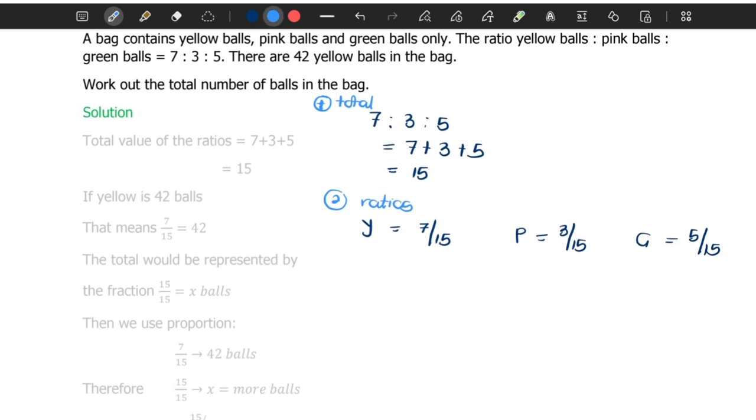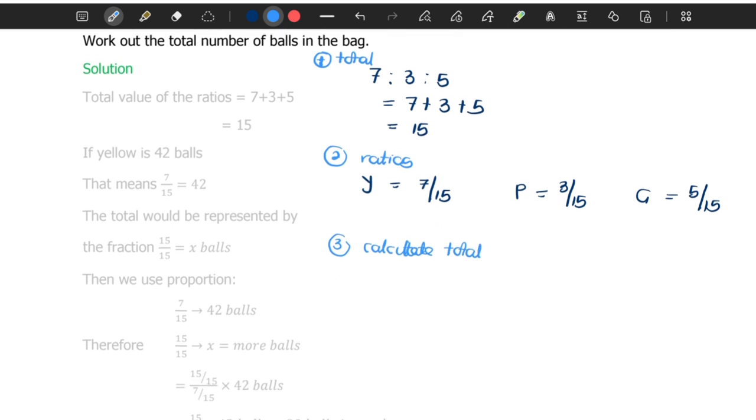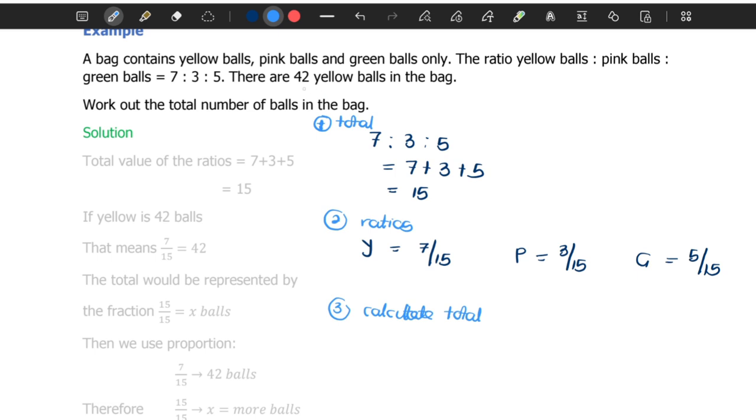Then the next part says calculate the total number of balls. So we're given already that there are 42 yellow balls. So we know that yellow is 7/15 of the total number of balls, right?